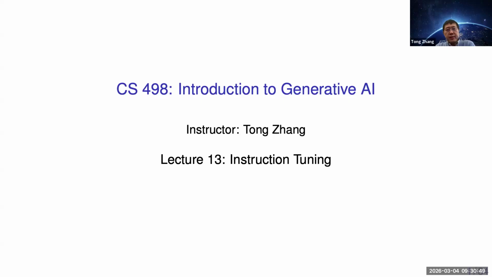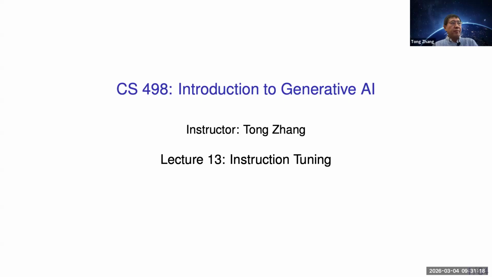Things evolve a bit, and eventually in the modern LLM it becomes instruction tuning. So the purpose is to train a general purpose language model so that it can follow human instructions. So basically, this is essentially the goal.